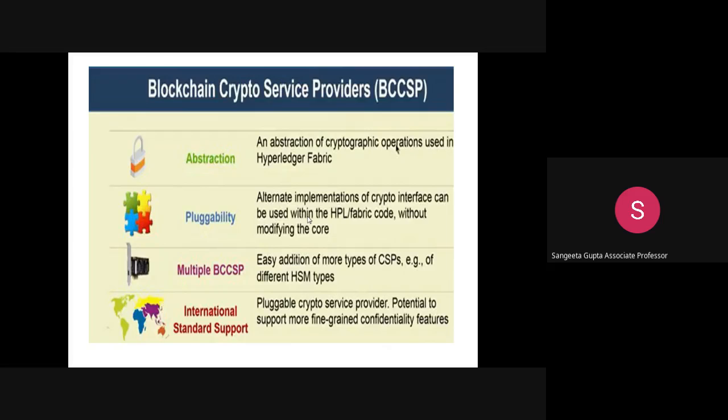It supports features like abstraction, pluggability, but to a limited extent, and multiple services can be taken up. If one is comfortable with RSA, they can go with that. If another is comfortable with elliptic curve, they can go with that. And international standard support is also offered.